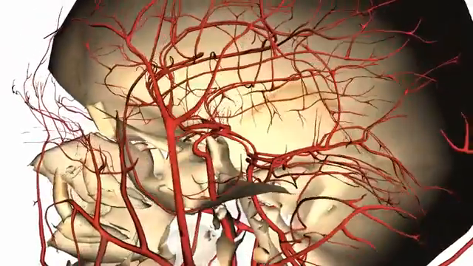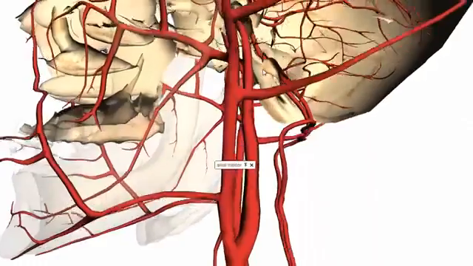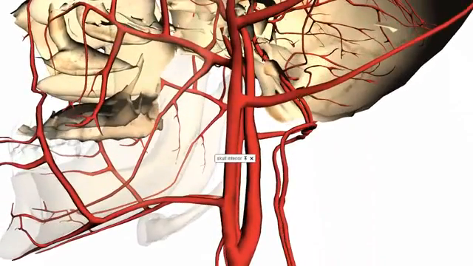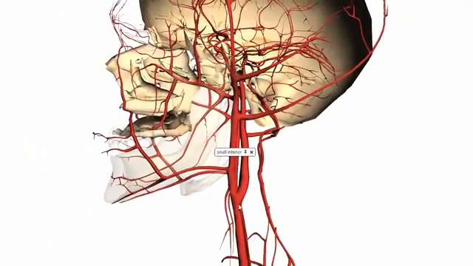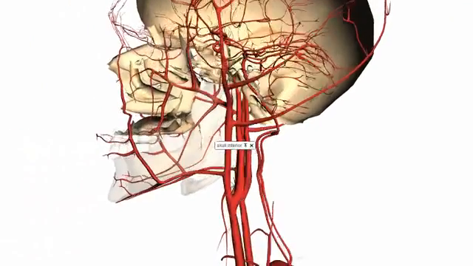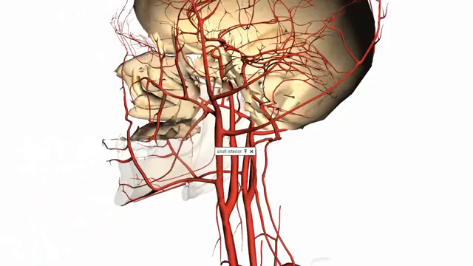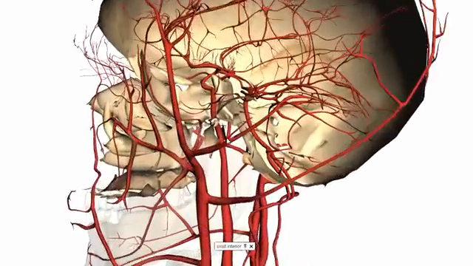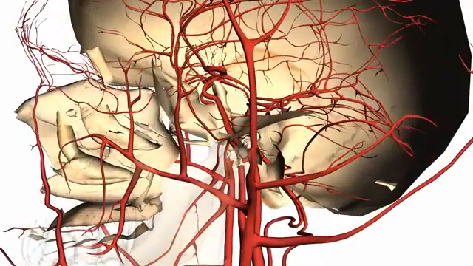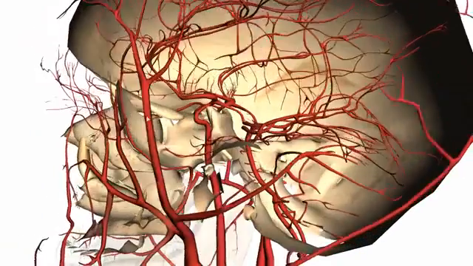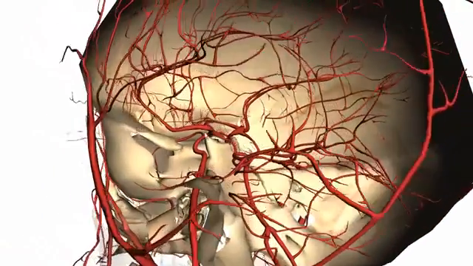So if we just follow, you've got the common carotid here, and then it bifurcates into the external carotid with all its multiple branches, and I'm going to do a tutorial on this. And you've got the internal carotid, which passes through the carotid canal into the brain, and it joins here with the circle of Willis.